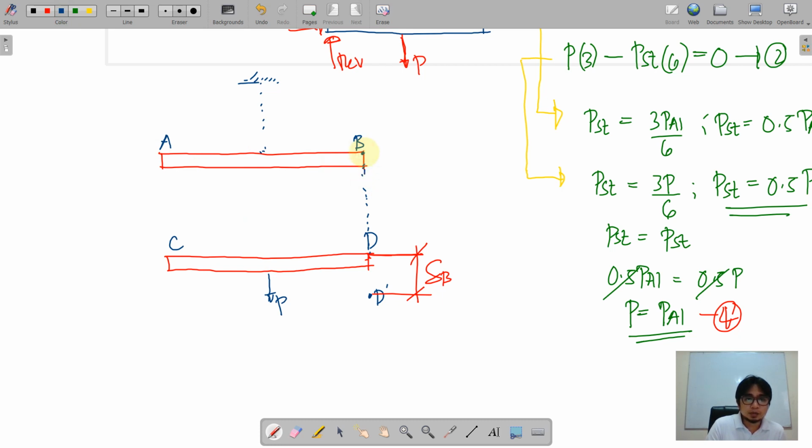The displacement from B to B prime. B to B prime. See, this is also delta B.